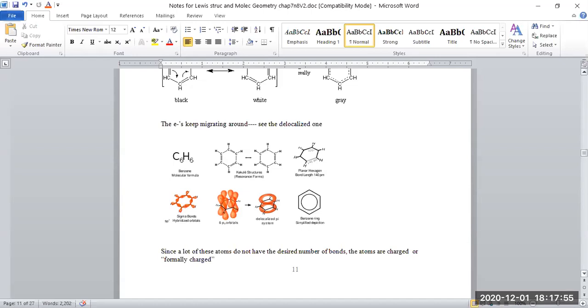And so the third little picture there that says delocalized pi system gives you a hint about why the very last picture, which is a hexagon with a circle in it, is a standard way of drawing a benzene, especially in organic chemistry.